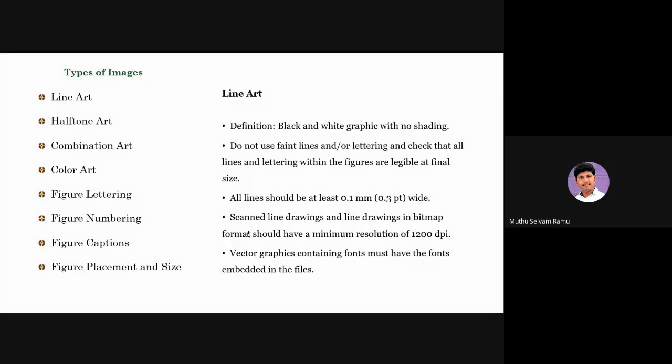And with any type of figure, you have to mention the figure lettering, figure numbering, figure caption, and figure placement and size. That is, what size it should be, how it should be numbered, and what letters should be used.